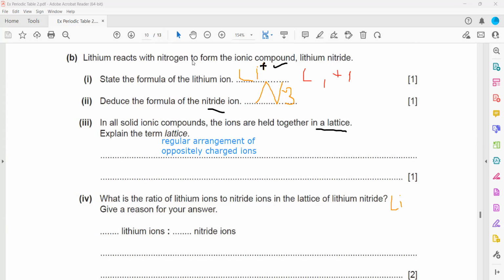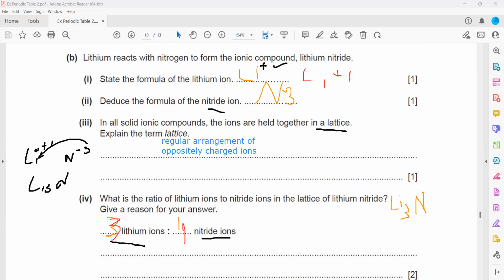What is the ratio between lithium ion and nitride ion? The ratio will be 3:1. Why 3:1? One lithium is +1 and nitrogen is -3. So cross multiply, and it will be Li3N. So we need 3 lithium and 1 nitride.